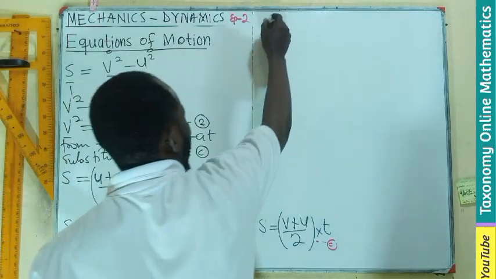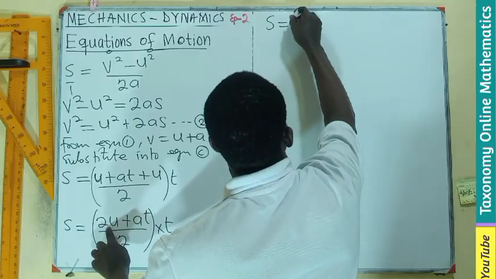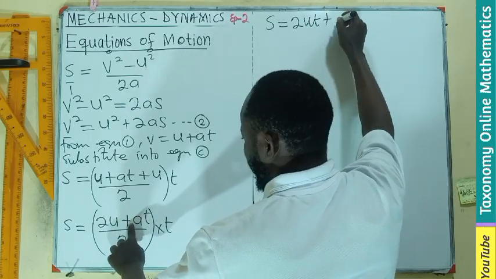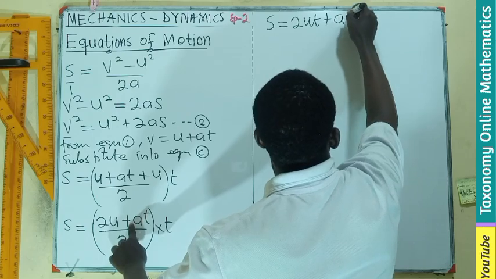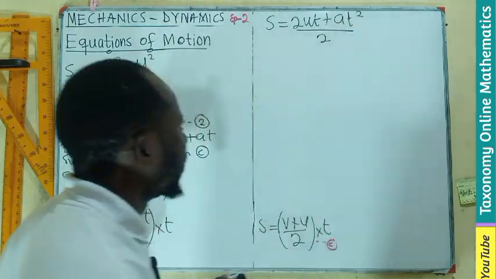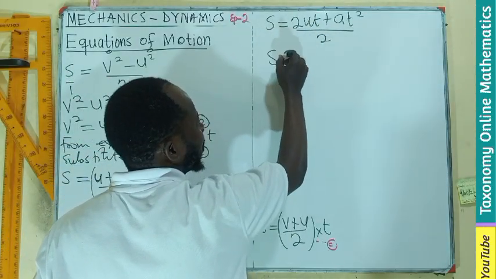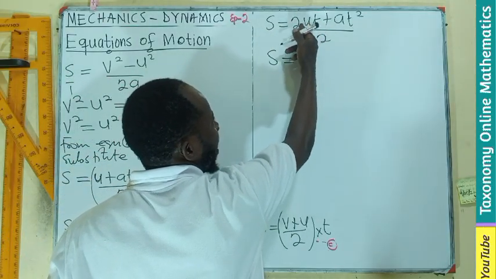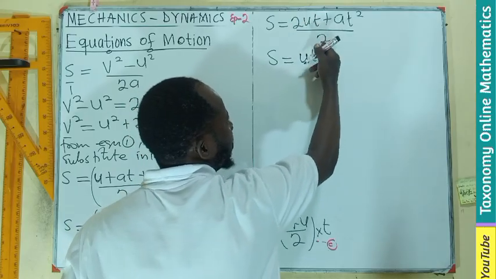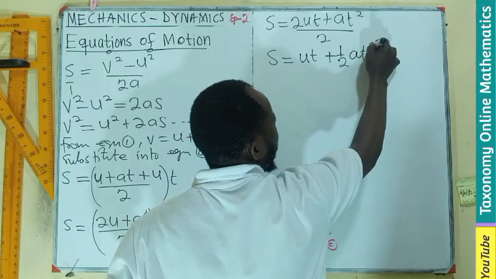So I can have my S equals this times this becomes 2UT, then plus what we have here, AT squared, all divided by 2. And this is a fraction divided by 2, which is the same as S equals dividing the whole of this by 2, giving you UT, and dividing the whole of this becomes 1 over 2 AT squared.